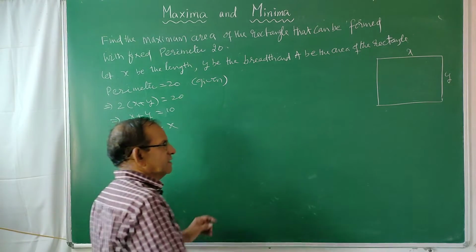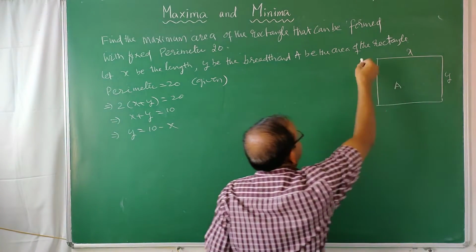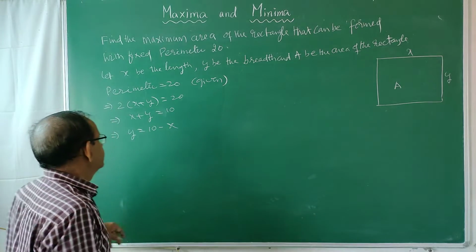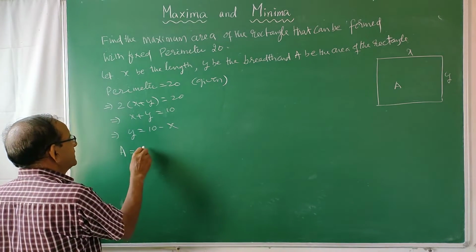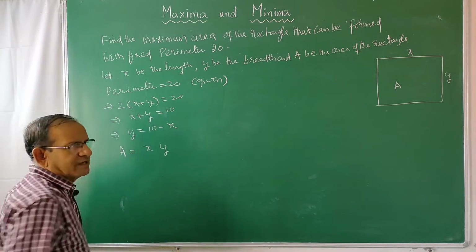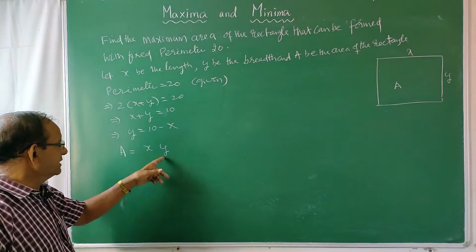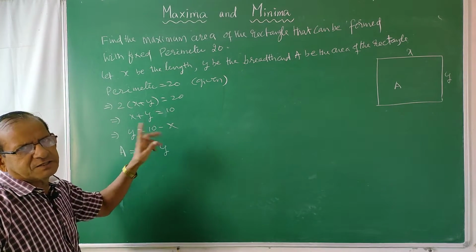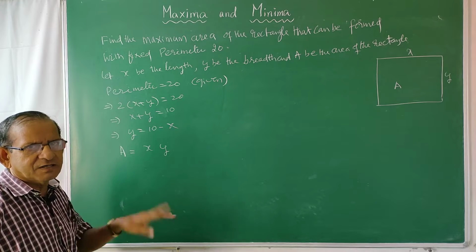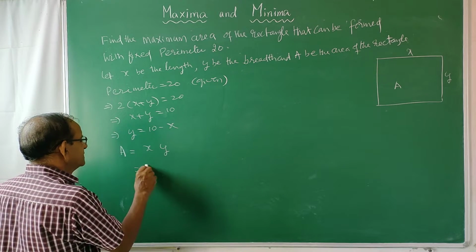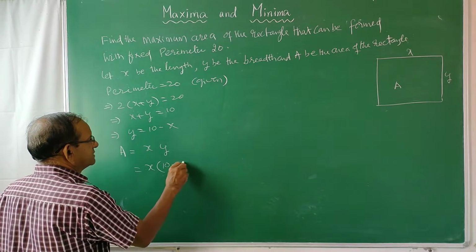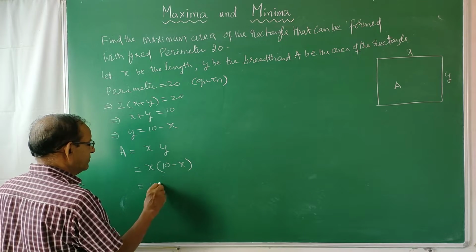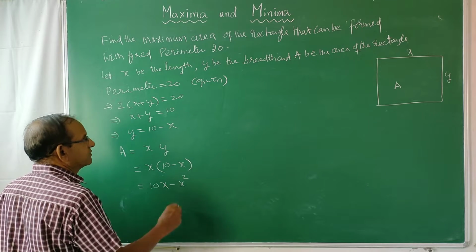Let us take the area as A, as already mentioned. Now A is equal to length into breadth, x into y. But we have to write the value of y in terms of x so that the function is always in one single variable. That is equal to x into 10 minus x, equal to 10x minus x square.